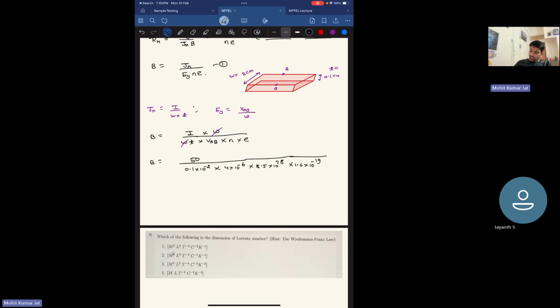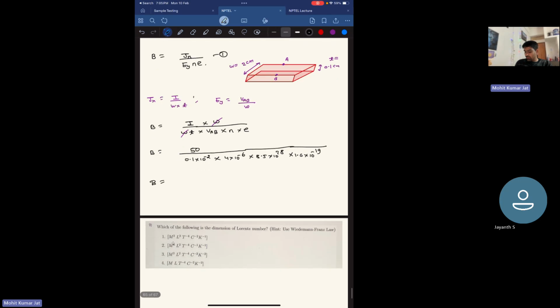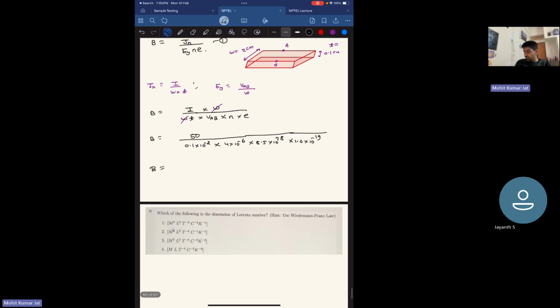Let us just calculate these numbers. Let's first calculate the powers: 28 minus 19 minus 6. And if I write it as 1, so that will be 3. So everything cancels out on the bottom.